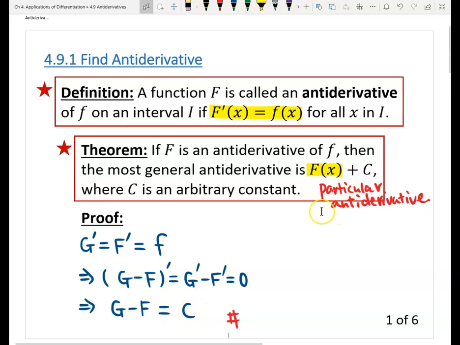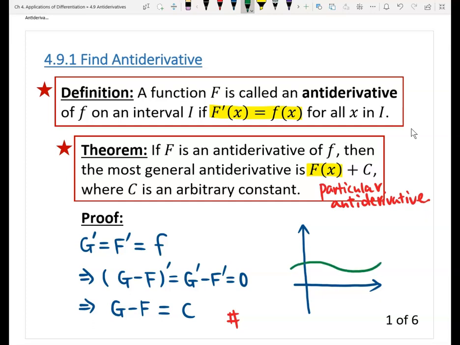That's the result. Let me draw you a graph so we can have another understanding. What's the relationship between this F and the G? If I draw capital F just like this, if this is capital F, a particular antiderivative, right?